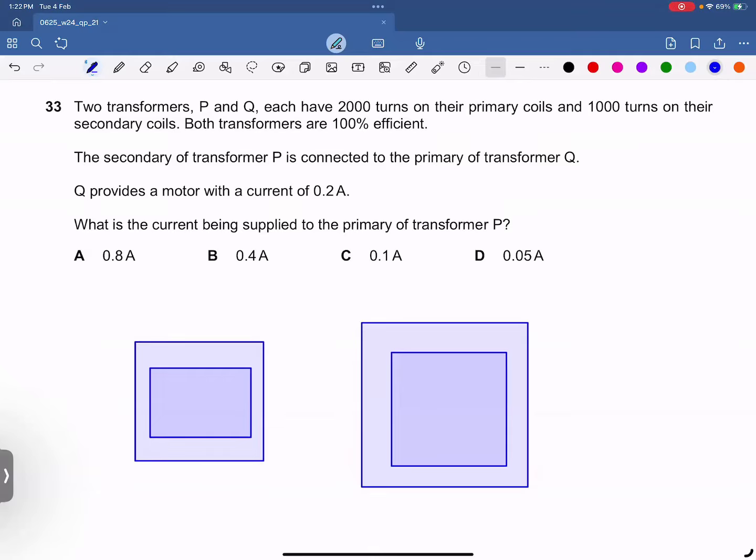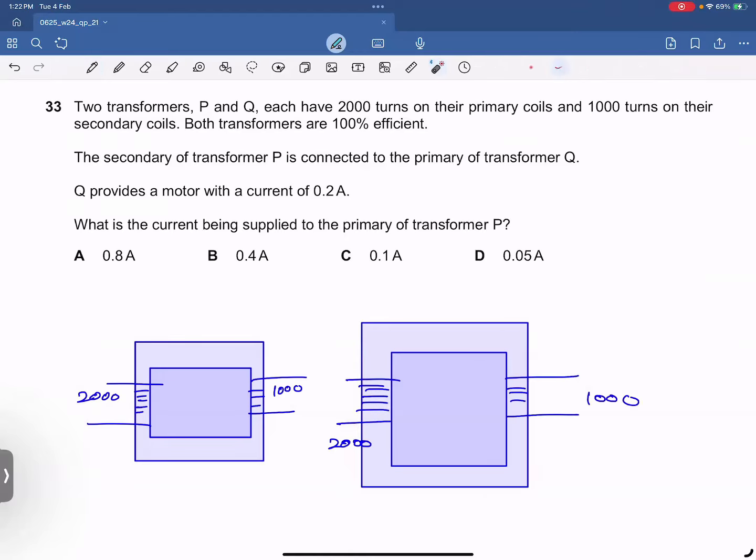They both have primary turns 200 and secondary turns 1000. The other also has primary 200, secondary 1000. Both are 100% efficient.